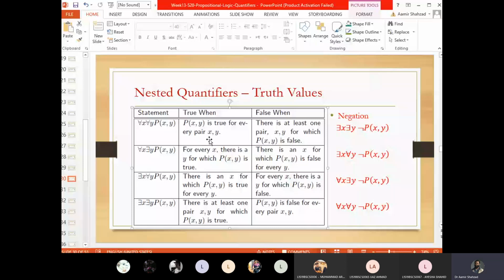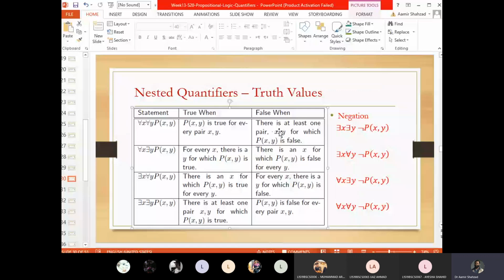So ये false कब होगा? If we can find even a single pair for which p of x, y is not true, then this statement is going to be false. So if there is at least one pair, अब एक से ज्यादा भी हो सकते हैं और ये सारे भी हो सकते हैं. लेकिन अगर एक भी हमें ऐसा पेयर मिल जाए तो इस स्टेटमेंट की निगेशन हो जाएगी.